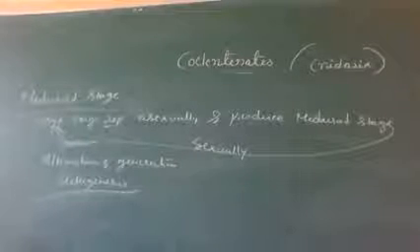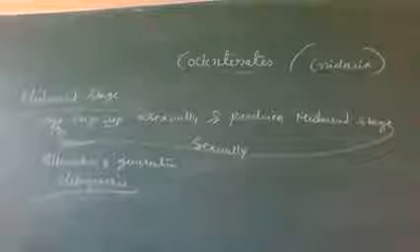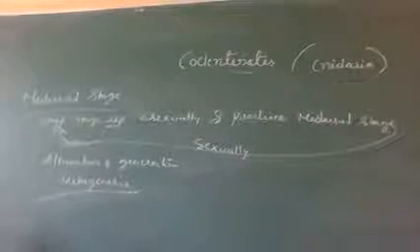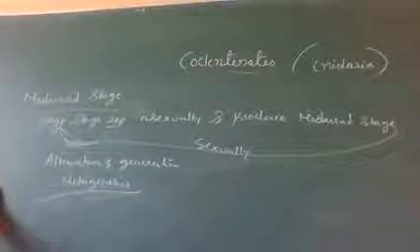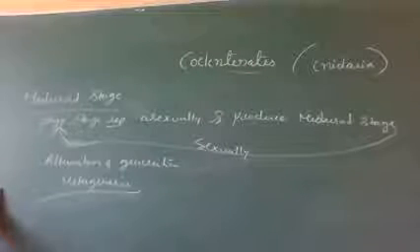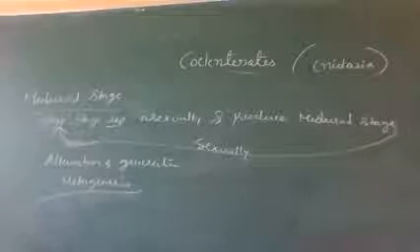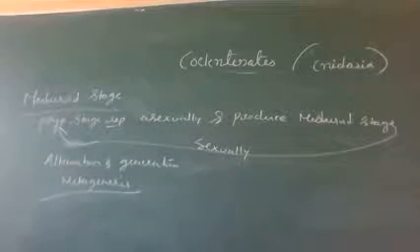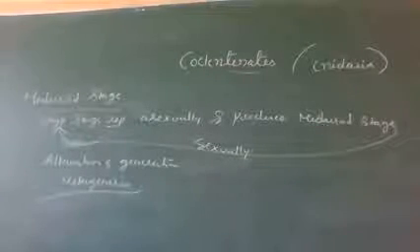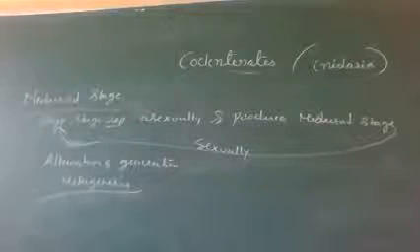That medusoid stage again reproduces sexually to produce the sessile polyp. This is called metagenesis. It has two forms, the polyp and the medusoid. When there are more than two forms, that is called what?